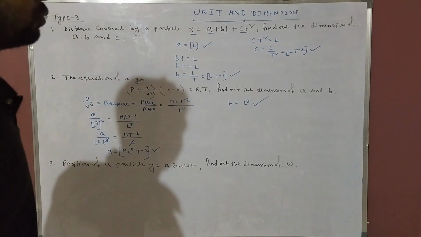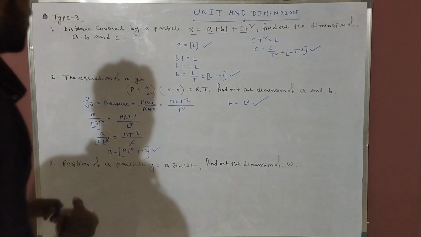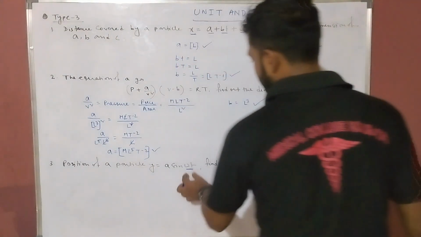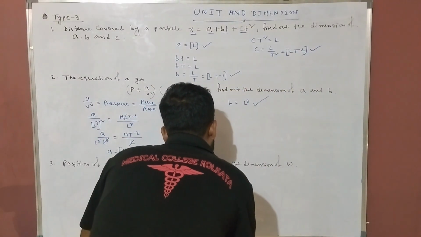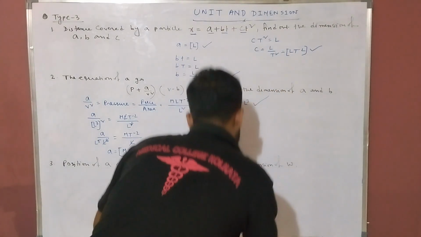Find out the dimension of omega. So let's see. This is like theta, sin theta, cos theta. This is like theta, means this is an angle, and we know angle is always dimensionless.